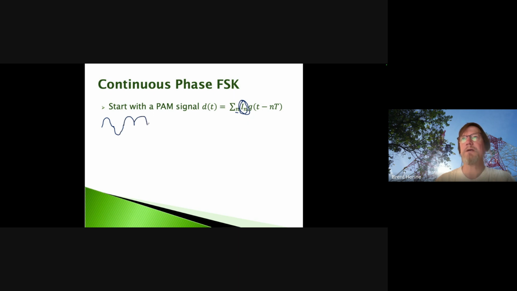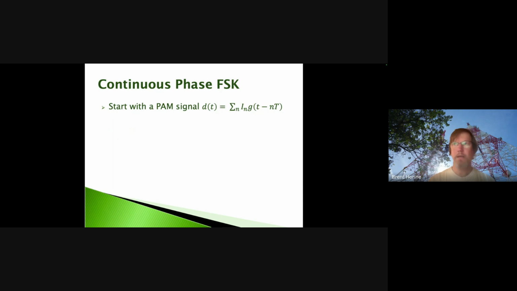So that's for n equal to 0, let's say, that's n equals 1, n equals 2. These will all get added up, but they're all stepped across in time using this type of relationship.